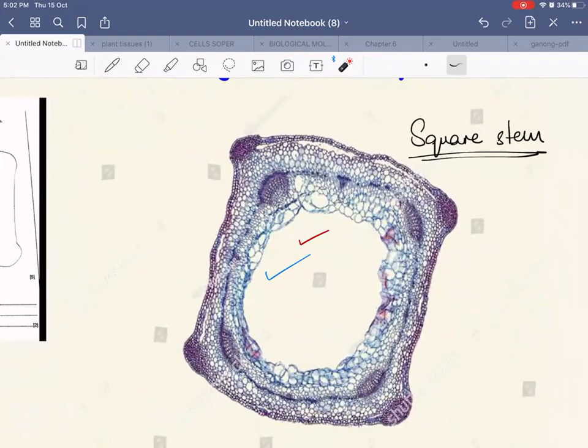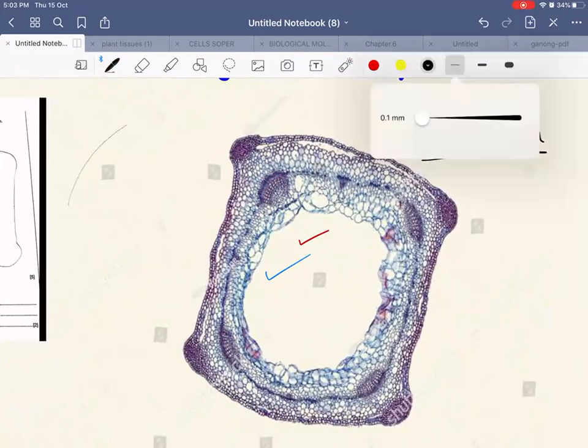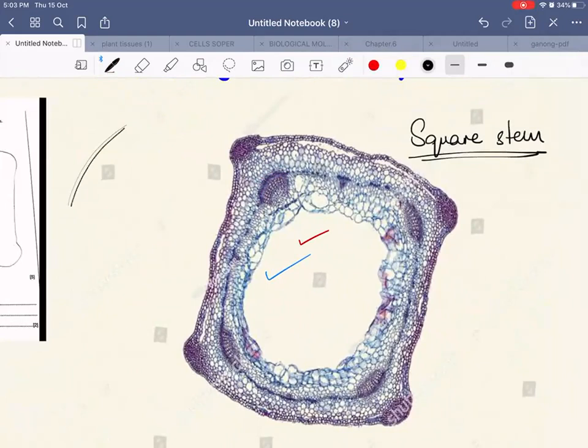For example, I'll just draw this vascular bundle to show you various layers. This is the outermost cap, which is the sclerenchyma. Then you have your phloem. Then you have a little patch of cambium. And then you have the xylem. So this is how you will draw the distribution of tissues, okay?